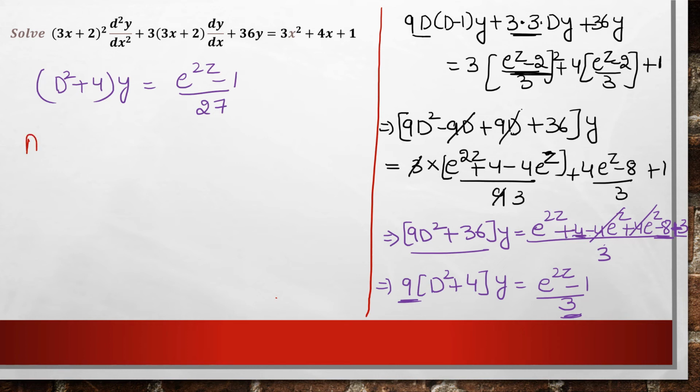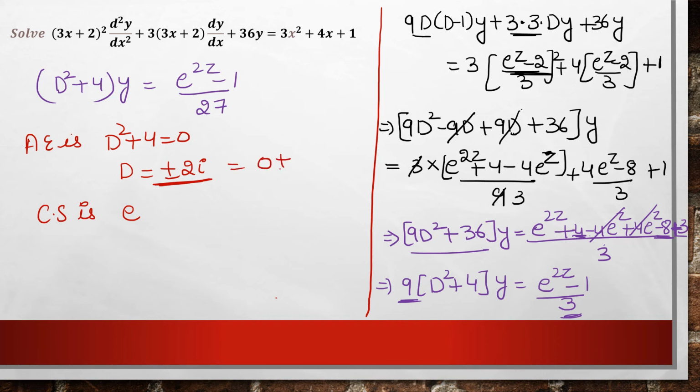So what is the auxiliary equation? The auxiliary equation is d square plus 4 equals to 0. So what are the roots? Roots will be plus minus 2 iota. So according to this, what will be the complementary solution? So complementary solution will be e power real part. What is the real part of this? Can I write this thing as 0 plus minus iota into 2, right?